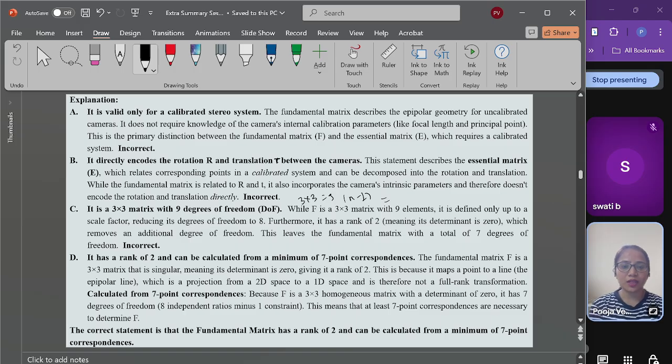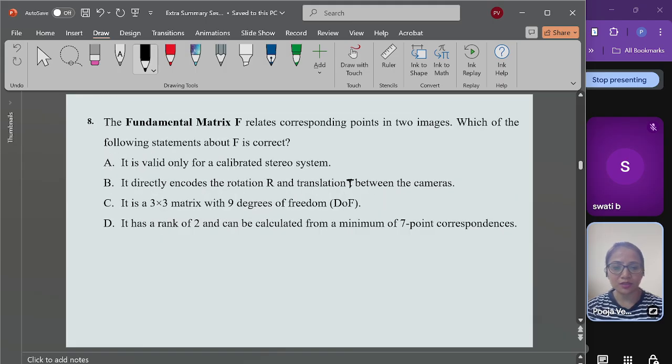So at least 7-point correspondences are necessary to determine the fundamental matrix. That's why the correct statement is that the fundamental matrix has a rank of 2 and can be calculated from a minimum of 7-point correspondences. So option D is the correct answer for this question.